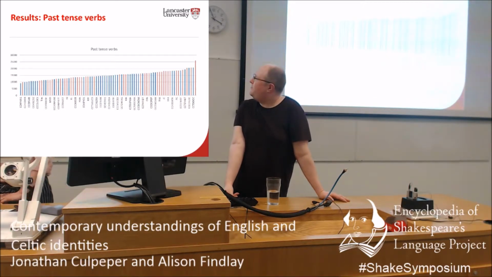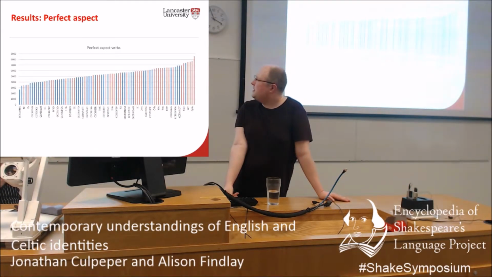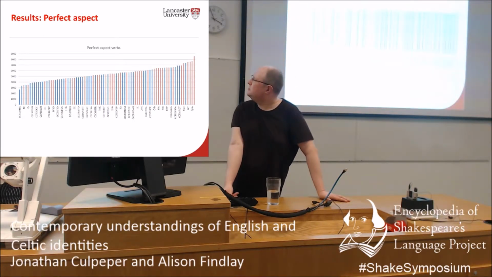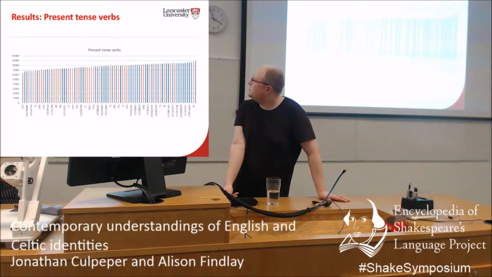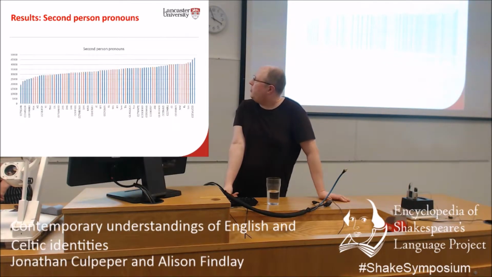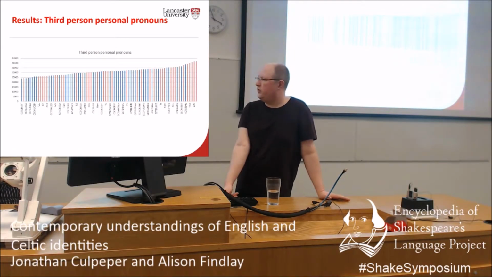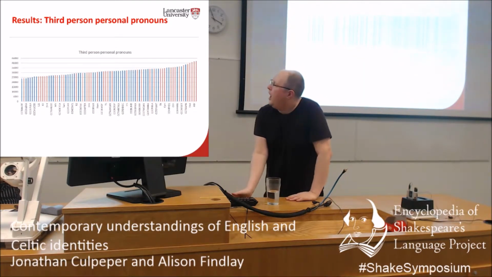So there's past tense verbs, there's perfect aspect. Now you can see there that there does actually seem to be a division. That's present tense verbs. First person pronouns, second person pronouns, third person pronouns, just the personal ones, not any others.